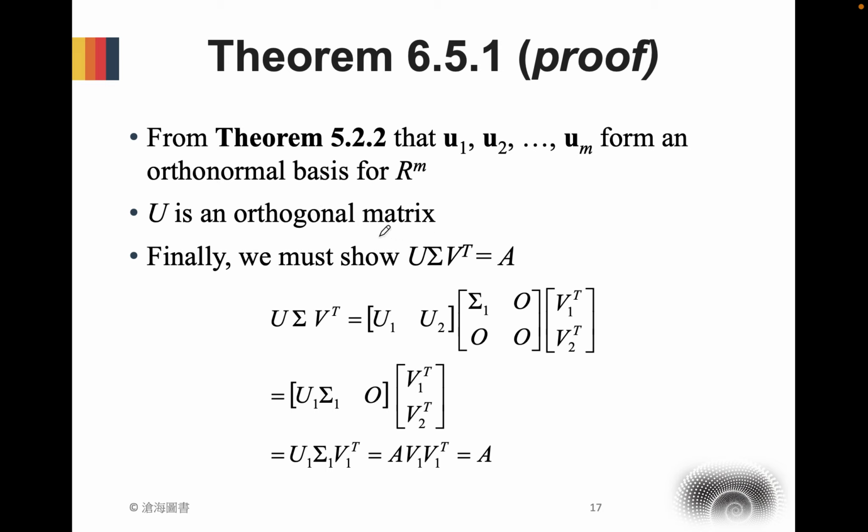So finally, we need to show A is equal to U sigma V transpose, right? So now U can be divided into U1 and U2. Sigma is sigma 1, 0, 0, 0, and the V is V1 transpose and V2 transpose, right? So if we do the multiplication, we finally get U1 sigma 1 V1 transpose.